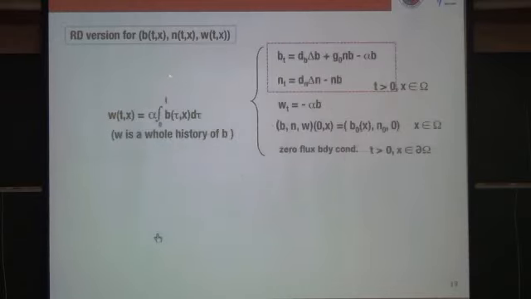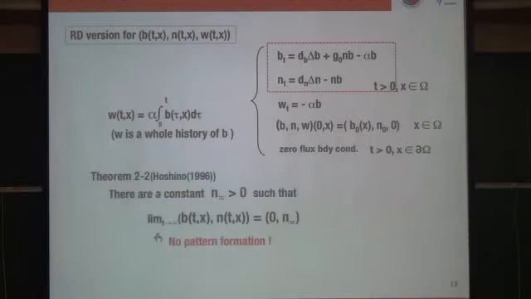Here, this is the reaction diffusion version. This equation, and if we can solve this one, then we can get W by using this relation. The important thing is the following: W is given by the whole history of B, from 0 to T. Okay. So this is a result by Hoshino.